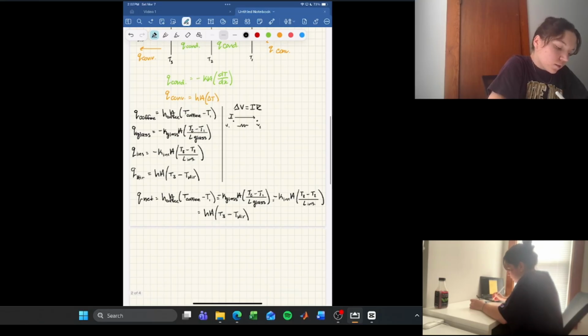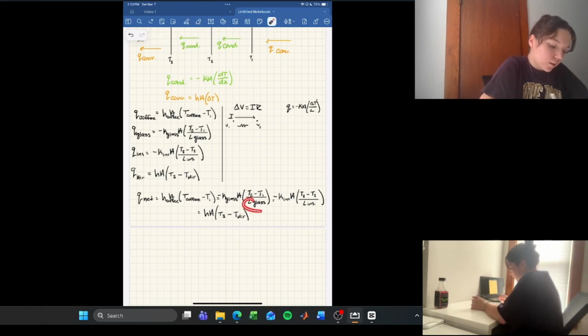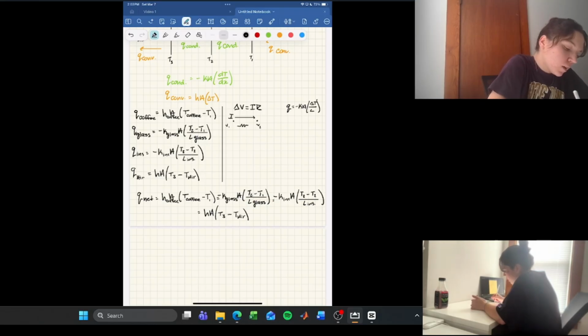Now, if we look at Fourier's law, we have that the heat flow is equal to negative thermal conductivity times the area times the change in temperature over the length, because on all of these it's just the length of the glass and the length of the insulator, so we can simplify it that way.